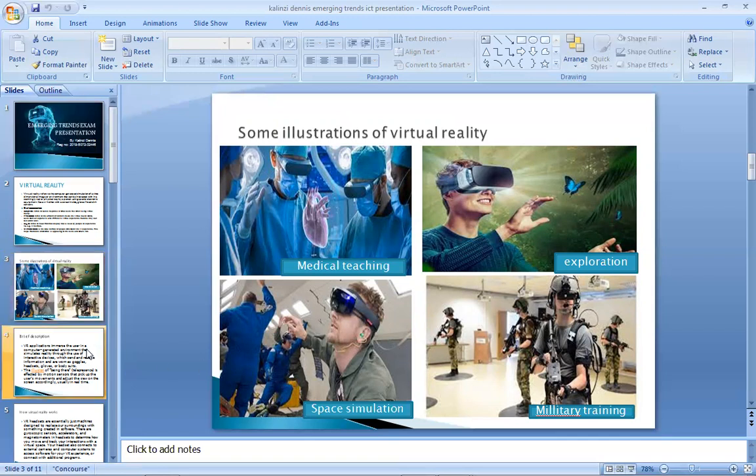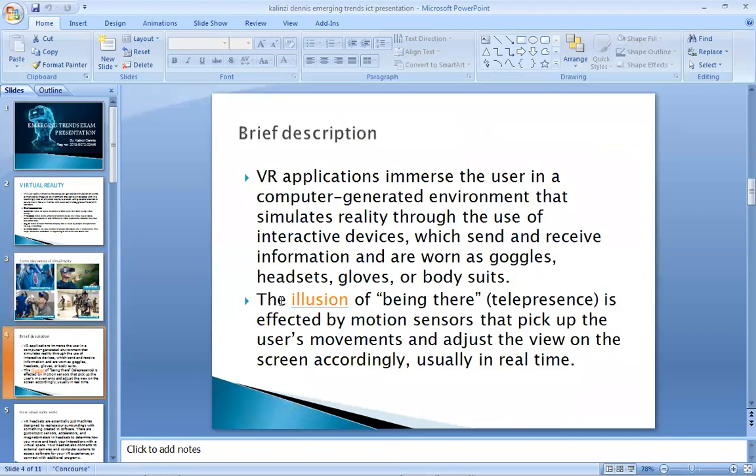The other thing that I'm going to talk about is a brief description of virtual reality. Virtual reality applications immerse the user in a computer-generated environment that simulates reality through the use of interactive devices.